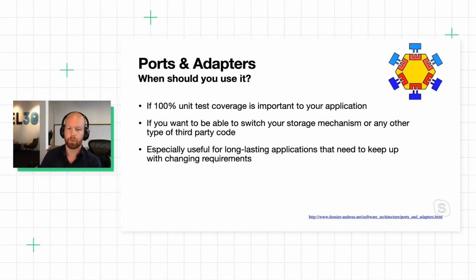It's really useful if you do TDD, for example. If you want to be able to switch your storage mechanism, then you can do this because you already have the interfaces in place, so you really can easily swap out whatever you want to do. And it's especially useful for these long-lasting applications that change a lot, because the changes are really confined within one single hexagon.